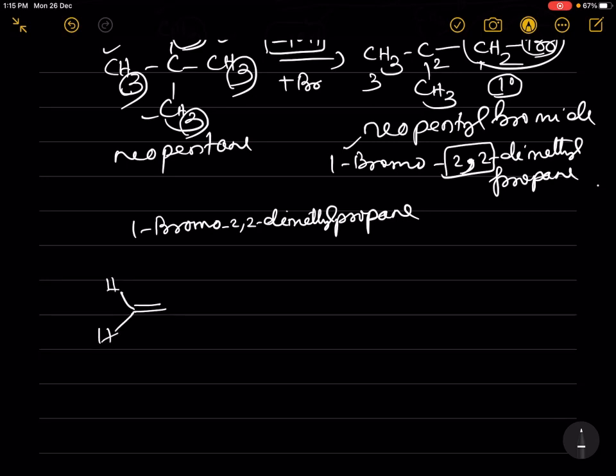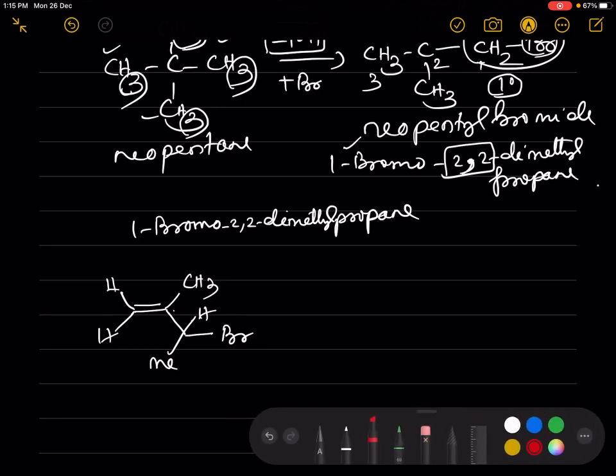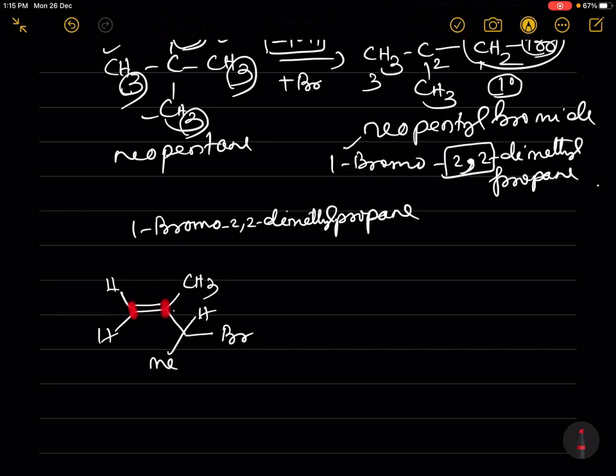CH3, H, Me, Br. First we have to find the number of carbon atoms. You see, this is a carbon atom, this is second carbon atom, this is another carbon atom, here is a carbon atom, this part also contains a carbon atom. But we have to find out the parent chain.